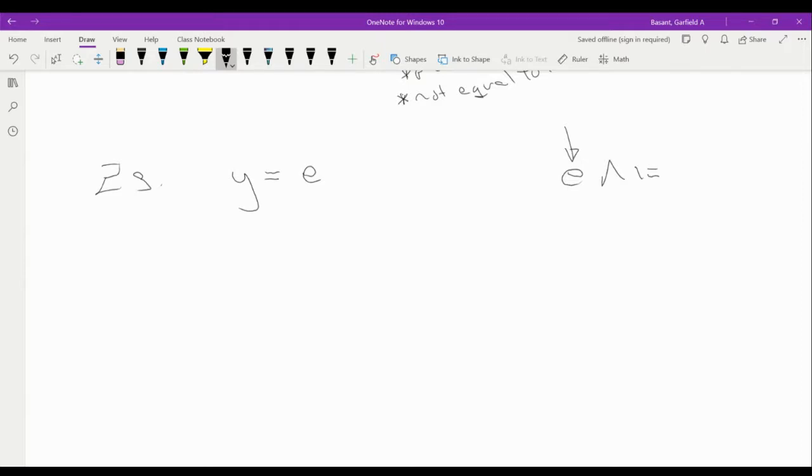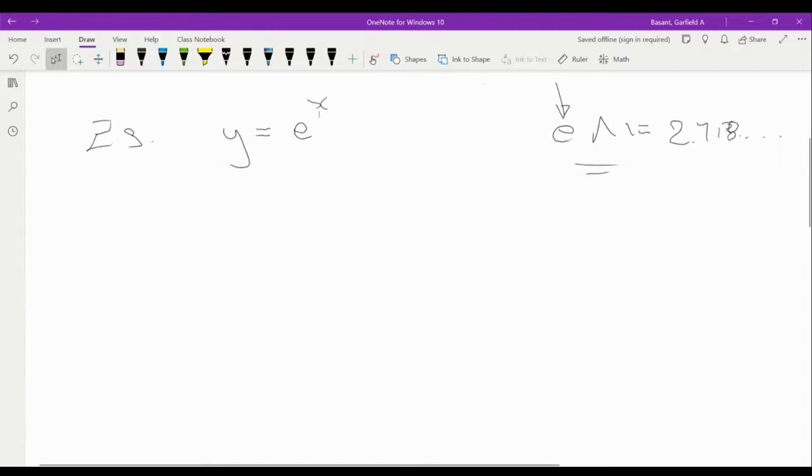So if you type in e to the 1 like this, e is actually 2.7, then 1, 8, and it goes on forever. So this is what e represents. So here's our exponential function, because e is just a positive number not equal to 1. So this fulfills the conditions of what we're discussing.